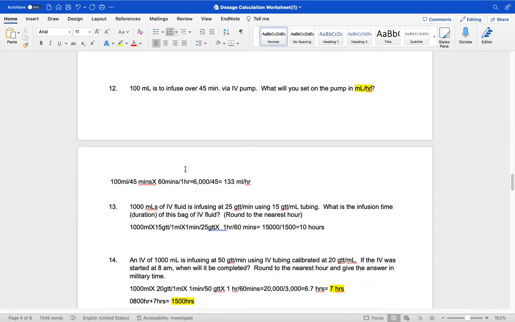So we want mLs per hour. So mLs is on top. So we need to make sure our hours is on bottom. So we take that 100 mLs over 45 minutes. Now to convert it to hours, we know that there's 60 minutes in 1 hour. We multiply that across. That gives us 6,000 divided by 45. 133 mLs per hour is our answer.